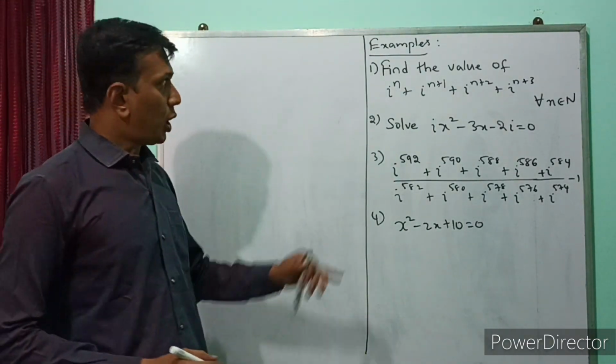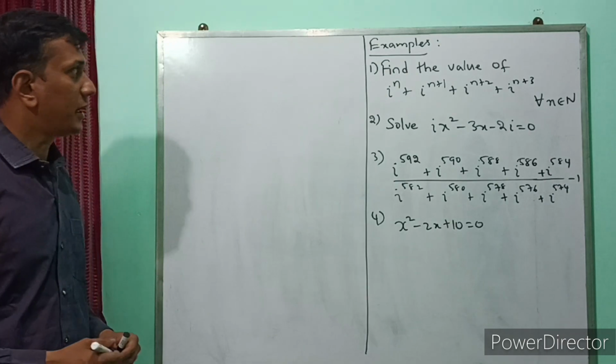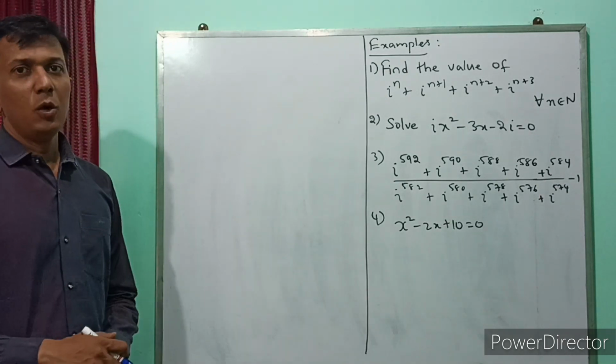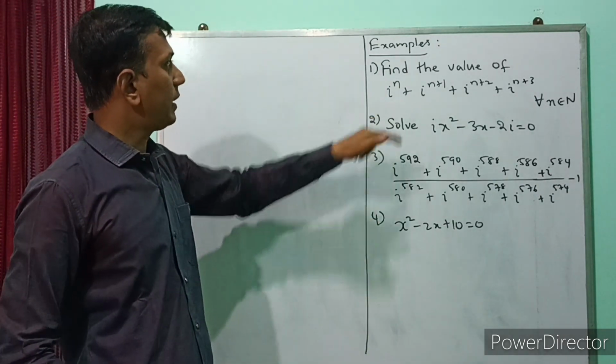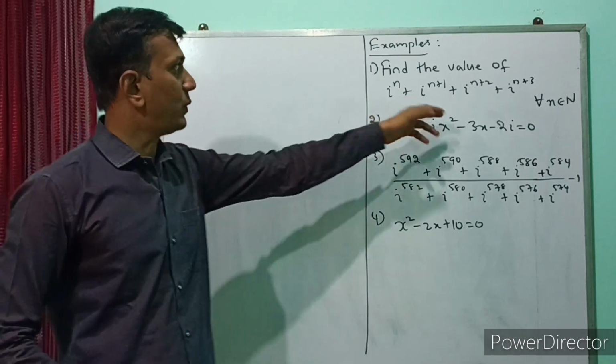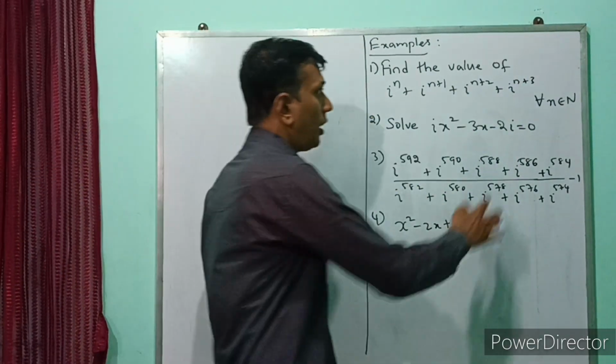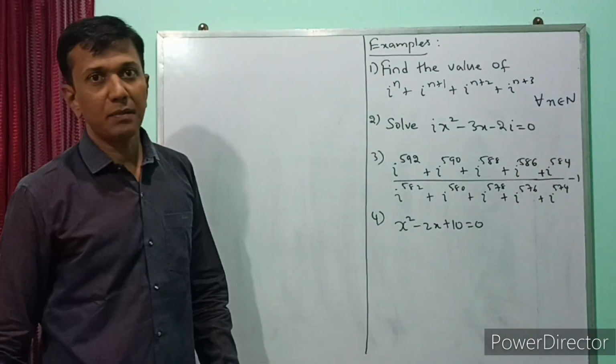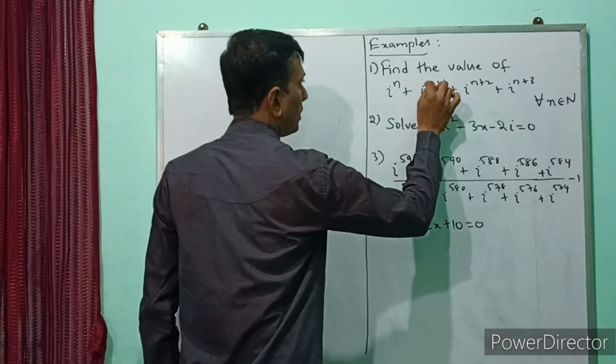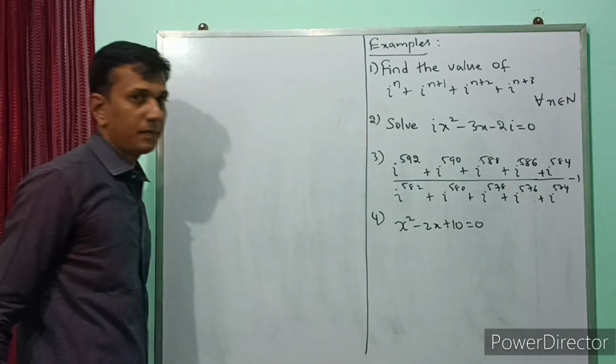So let us solve some problems which are written on the board. First one, find the value of i power n plus i power n plus 1 plus i power n plus 2 plus i power n plus 3 for all n belongs to capital N. That means the n value should be a natural number.